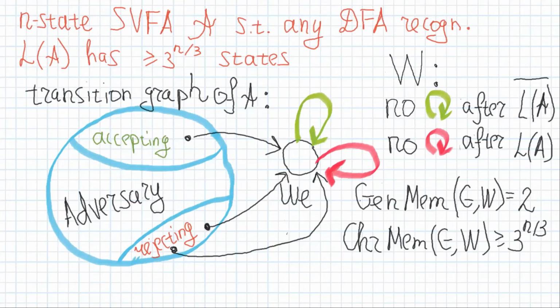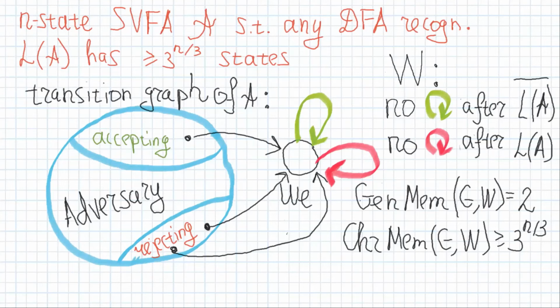Why is that? Well, because basically it has to do different things after we had a word from the language and the black edge, and after we had a word from the complement of the language and then the black edge.